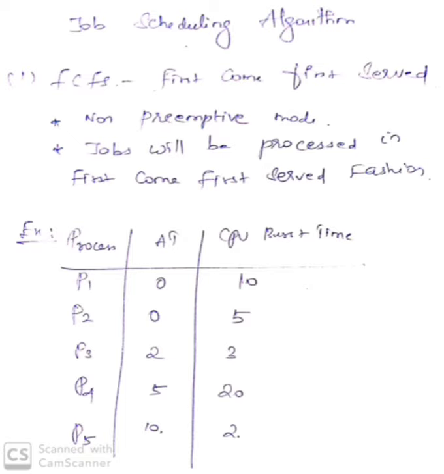P3 arrives at 2 milliseconds and takes 3 milliseconds to complete its process. P5 arrives at 10 milliseconds, so only then does it enter the queue, and it takes 2 milliseconds to complete. We are going to solve this problem in FCFS mode.